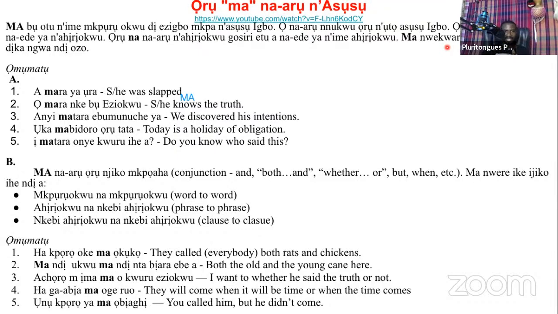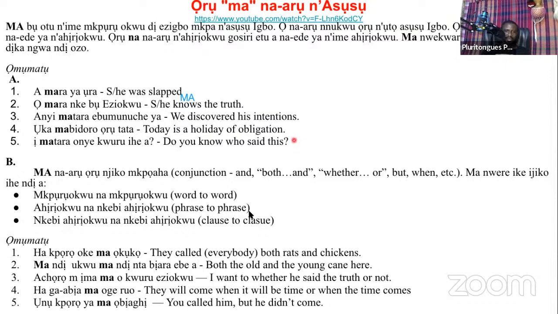Ahịrịokwu na nkebi ahịrịokwu. So sentence or phrase to phrase. So one phrase first and then ma in between, and then you have the second phrase. Now, nkebi ahịrịokwu na nkebi ahịrịokwu, a clause and a clause.